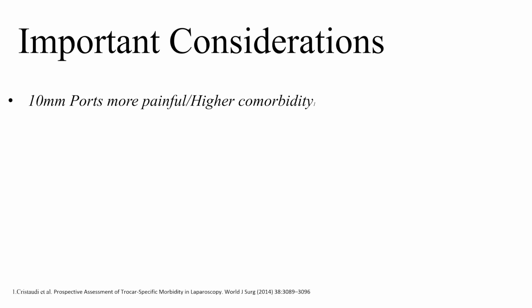Next, we would like to point out some important considerations that help prevent risk and increase efficiency. When planning a port placement strategy, it is useful to know that 5mm ports, when compared with larger ports, have a statistically significant lower postoperative pain score, fewer port-related complications, and better patient satisfaction as far as cosmesis is concerned.